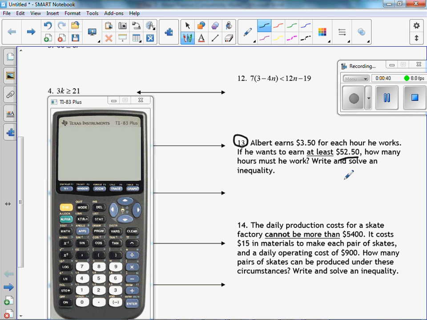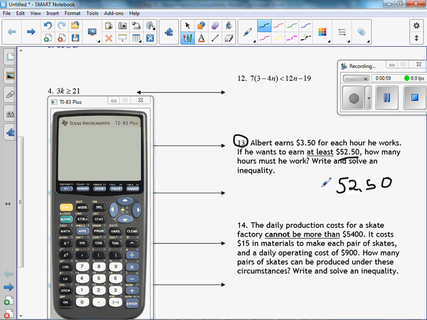What I would do, I always write down what you know. He wants to earn at least, let's just write that down and look at it. So what does at least mean? That means he wants to make this amount or more.